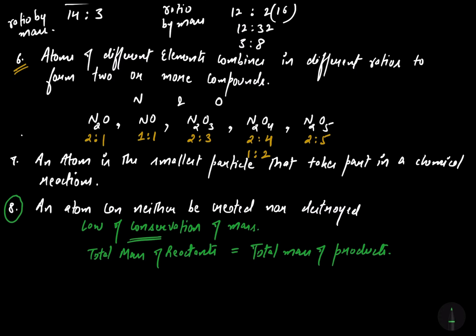So the law of conservation of mass is supported by the eighth postulate of Dalton atomic theory, that atoms can neither be created nor destroyed, so their masses are also conserved. The masses of atoms are conserved, and hence this law is raised, the law of conservation of mass.